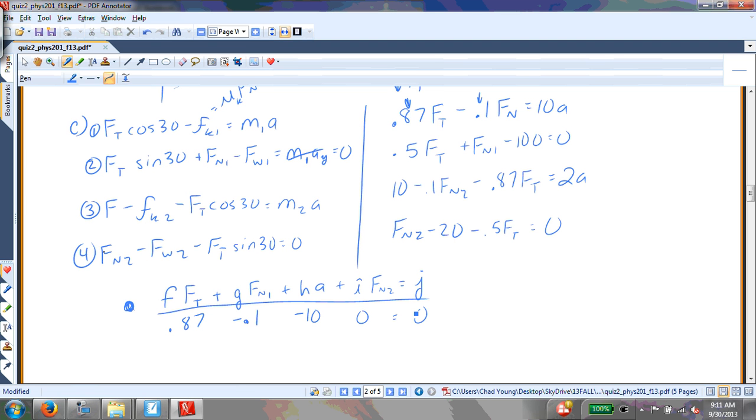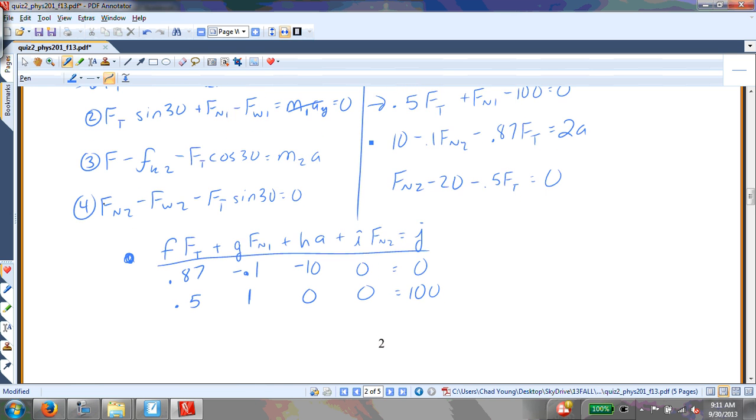Then I have 0.5, 1. H is 0, 0. And over here I have 100. That's just coming from this equation. All right, then I have negative 0.87. That's my coefficient for Ft.